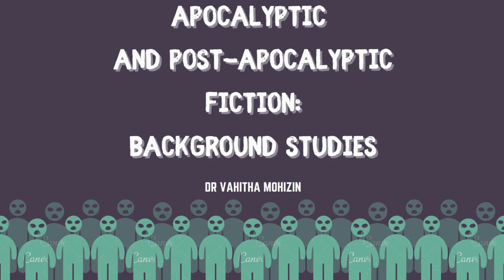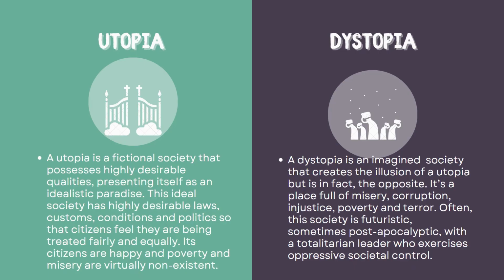So today's topic, apocalyptic and post-apocalyptic fiction background studies, is actually a continuation of the previous video titled Alien Invasion in Science Fiction. So before getting into the presentation, let's know about the difference between utopia and dystopia and what do you mean by utopia?